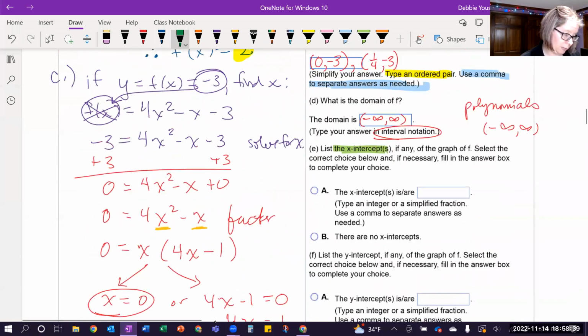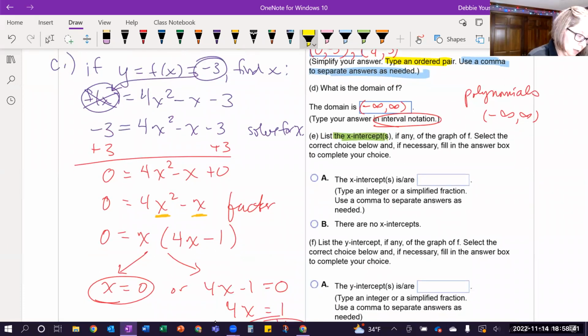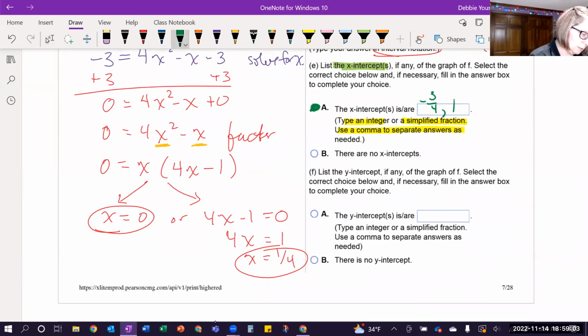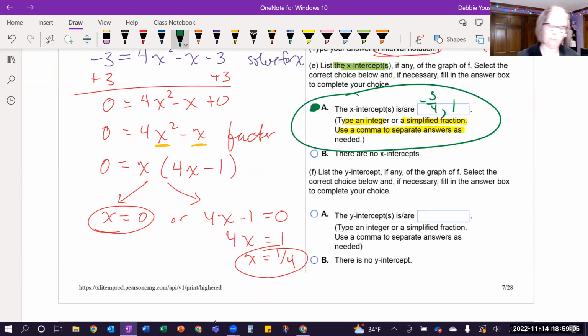So I go back up here and it says to use a comma to separate these and type an integer or a simplified fraction. So I've got negative 3/4. I'm going to use it as negative 3/4. I'm not going to write a decimal. So I'm going to have negative 3/4 comma, we said 1. Okay. Then I would select that box, that little circle for A.